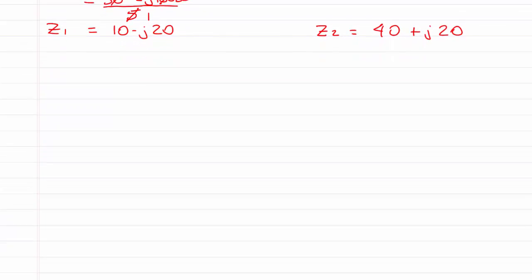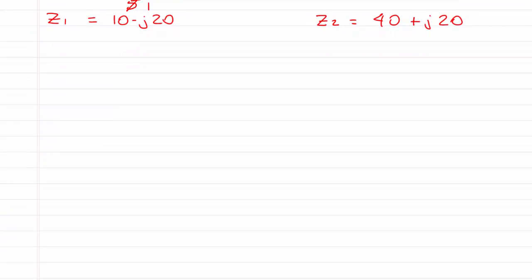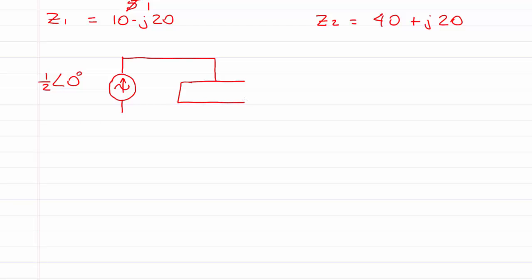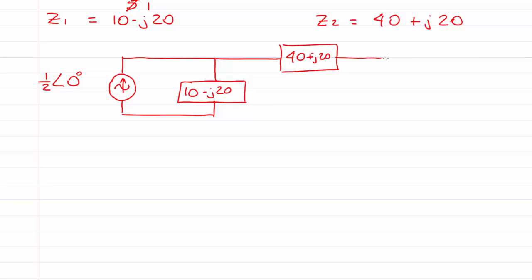So we'll redraw it one last time, where we'll still have our current source of value 1/2 at angle 0, driving an impedance which we called Z1 of value 10 minus j20, and that whole thing was in series with Z2, which is 40 plus j20, bringing us over to our voltage source.